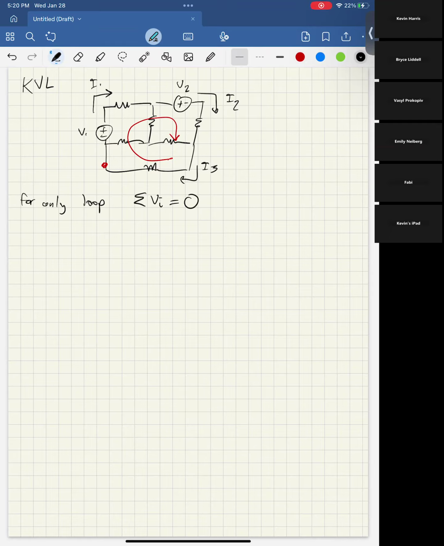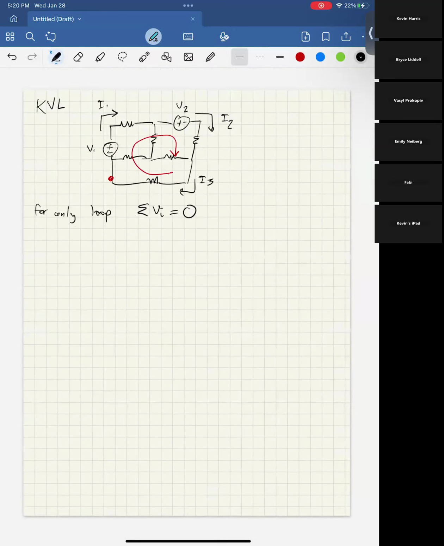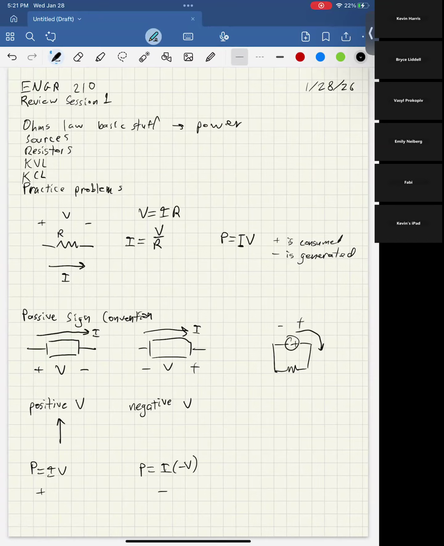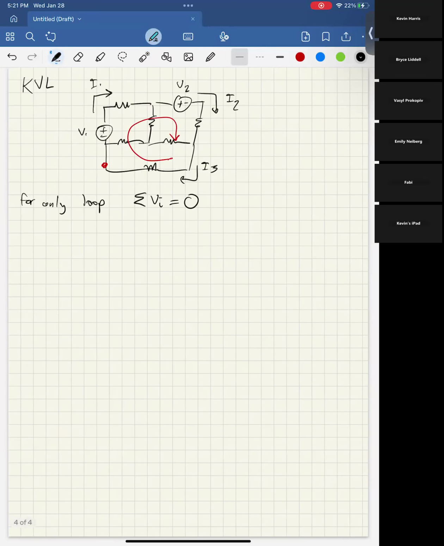We can write a bunch of voltage terms for each component going around that loop. For this first term, if we recall what I was saying about the passive sign convention, if you have a voltage rise in the direction of current, then that's actually going to be a negative voltage. It's confusing, but it'll make sense because you often have many more resistors than voltage sources, so it's nice if your resistor terms are positive.